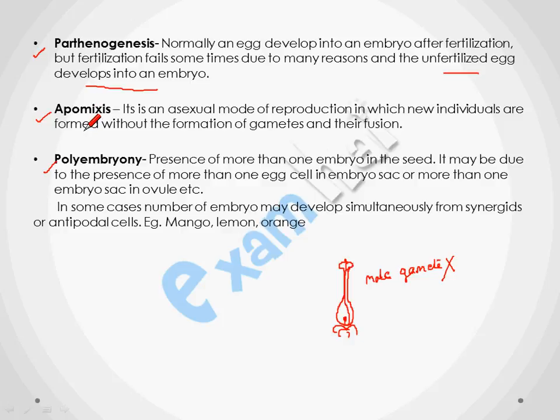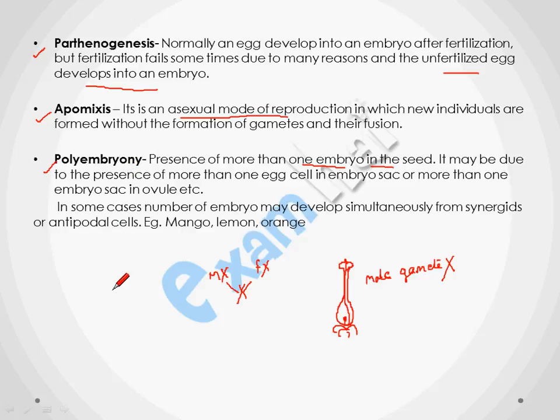Now the second one is apomixis. Apomixis is a kind of asexual mode of reproduction in which a new individual is formed without the formation of gametes and without their fusion. So in apomixis, no male and no female gamete is formed and no fusion between them takes place. The next one is polyembryony. If there is more than one embryo in a seed, it is called polyembryony: poly means many, embryony means embryo.